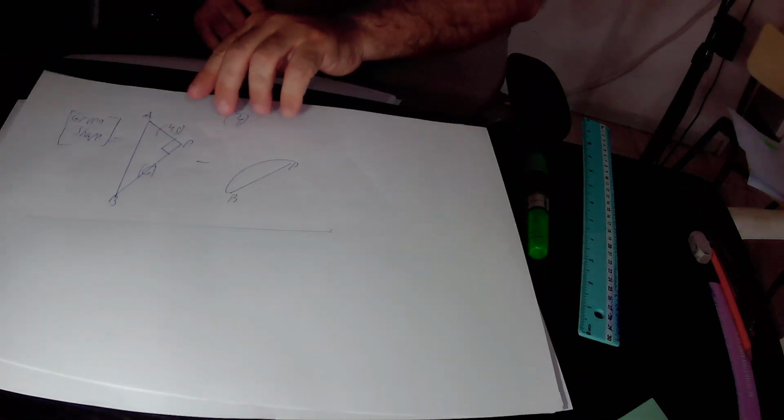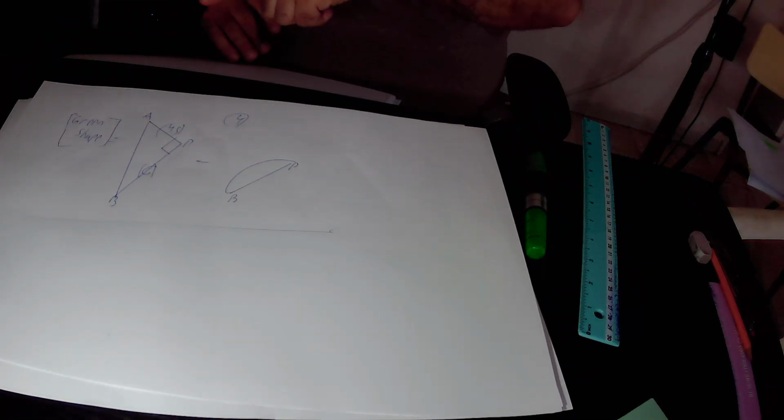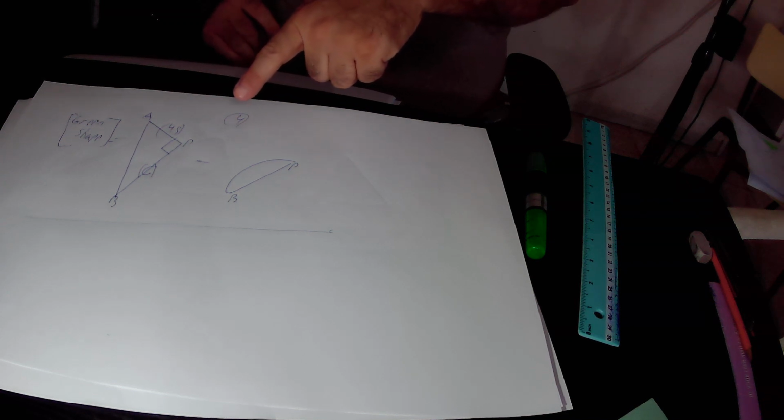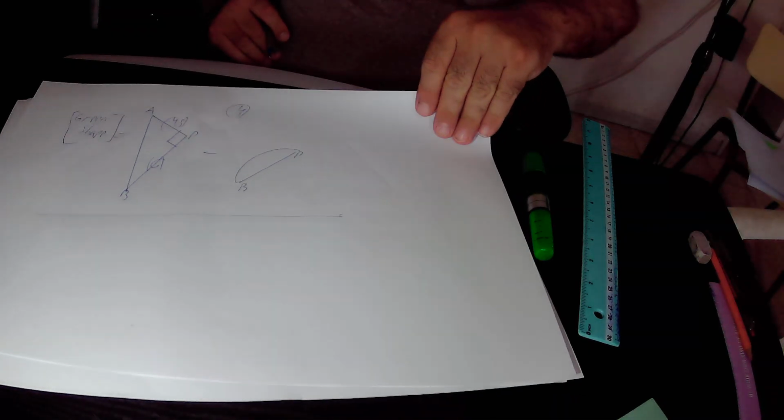It equals the area of the big triangle APB minus the area of segment BP. What is the area of this right triangle APB? It is equal to the base AP times the height PB over 2.